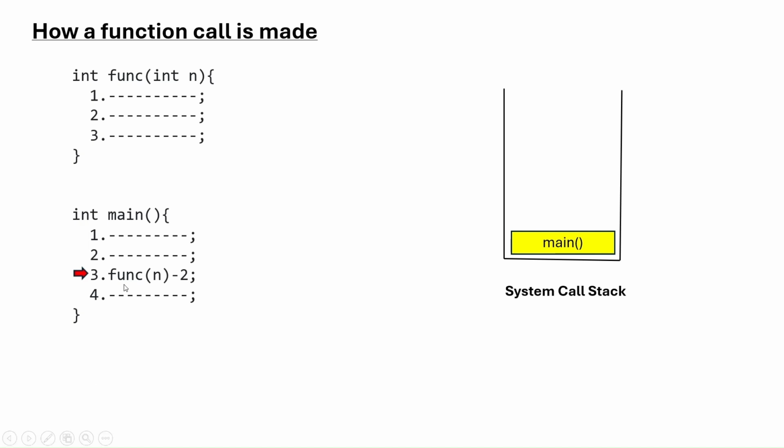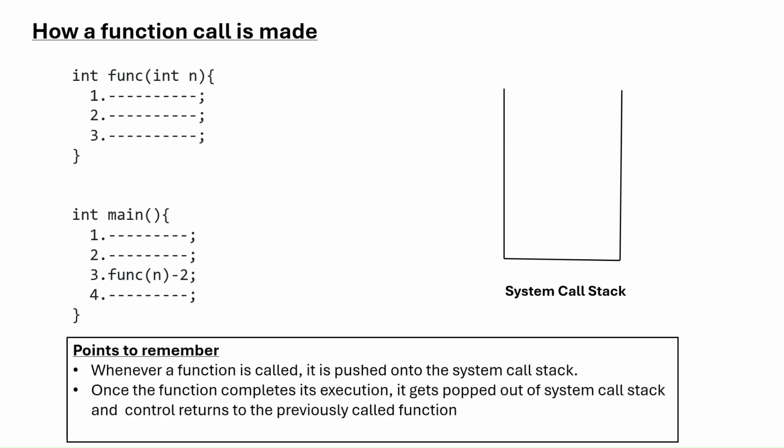Then it will execute this arithmetic operation of -2 with this function, and then it will execute the fourth statement, and the main function will be completed and popped out of the system call stack, and our program ends. So the points to remember are: whenever a function is called, it is pushed onto the system call stack, and once the function completes its execution, it gets popped out of the system call stack and the control returns to the previously called function.